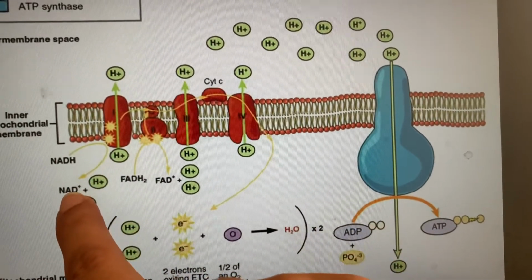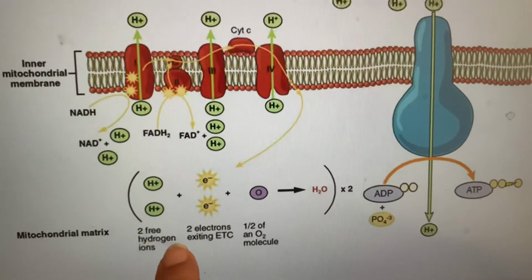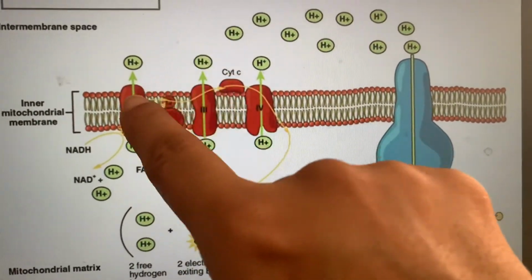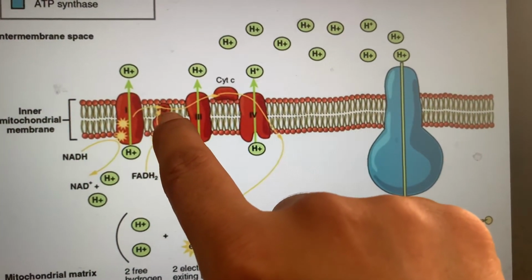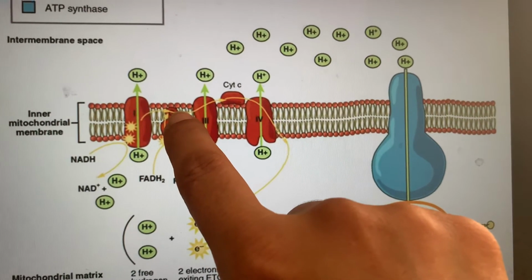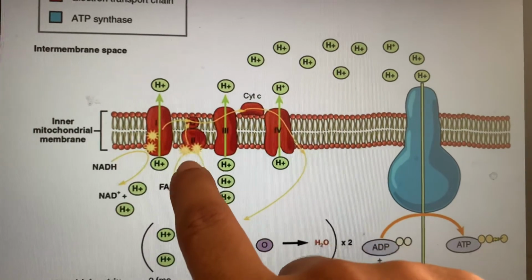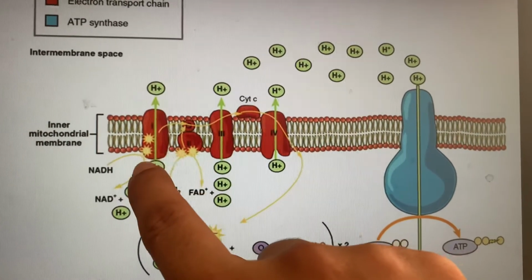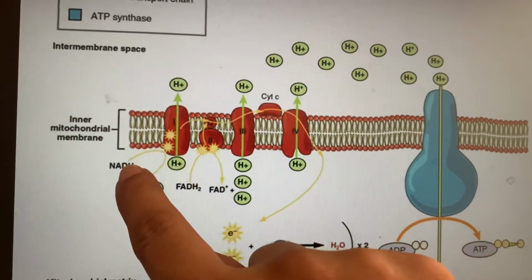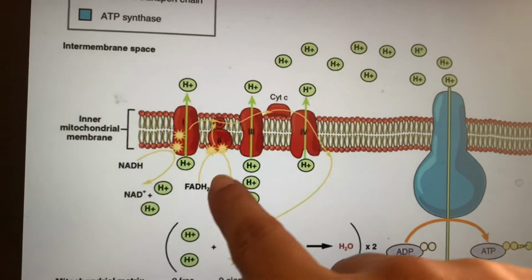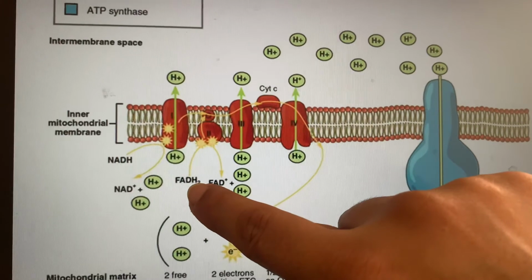NADH is oxidized to NAD plus. Production of hydrogen ions, or protons, is here. Two free hydrogen ions move to this side, and electrons, in the form of the yellow line, travel to the coenzyme UQ, ubiquinone Q. The electrons in protein complex 1 come only from NADH, and in complex 2, electrons come only from FADH2.